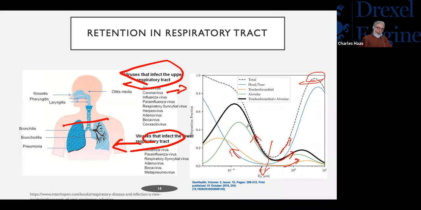On the smaller sizes, Brownian motion starts to occur.